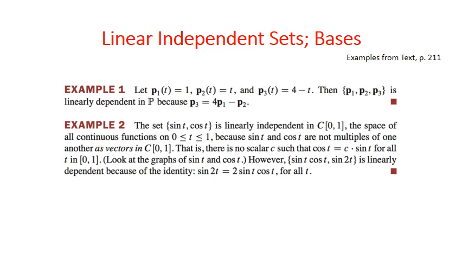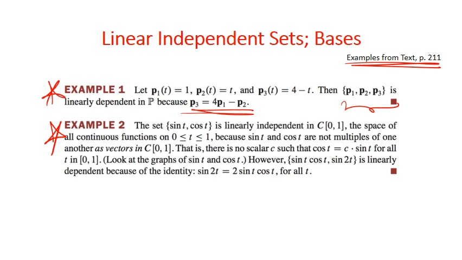So this section has these goofy examples again also. I just took these directly from the text. I think that you can go ahead and read through these two examples rather than having me read them to you. But a couple things, basically, this set of vectors here is linearly dependent because it can be written as a linear combination.